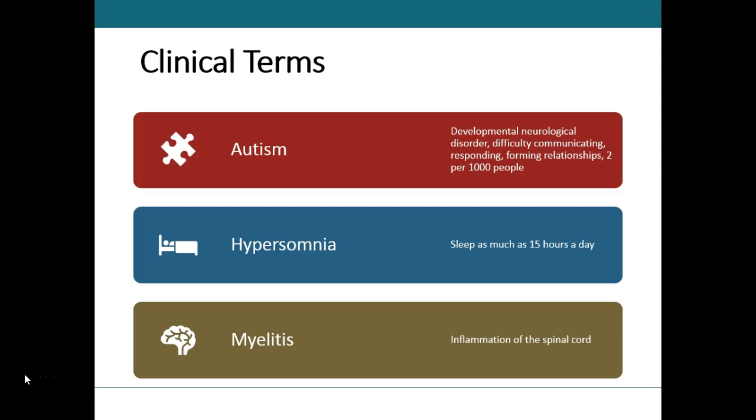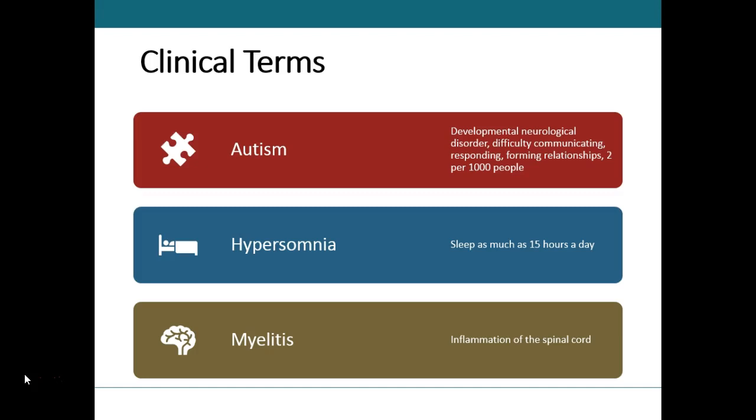However, it is quite prevalent in our society, affecting 2 out of every 1,000 people. Hypersomnia. Somnia means sleep and hyper means above. So this is a disorder in which a person may sleep up to 15 hours a day.